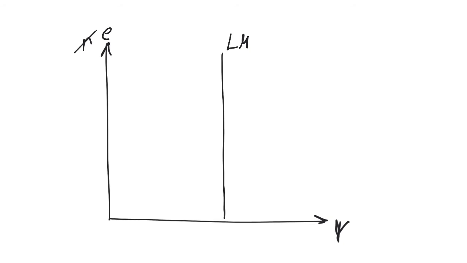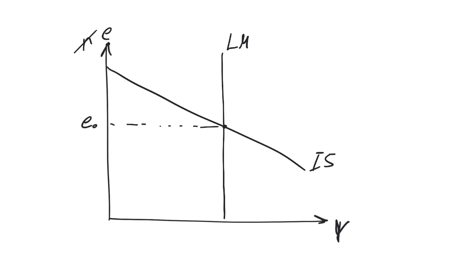And the IS curve is a function of the exchange rate because we have the net exports, which are a function of the exchange rate. And then we're going to have an equilibrium. We're going to get a certain exchange rate as a result of that, and a certain output as a result of that.